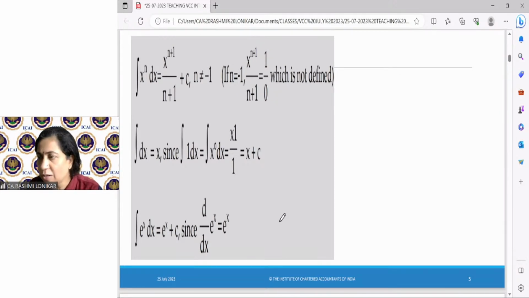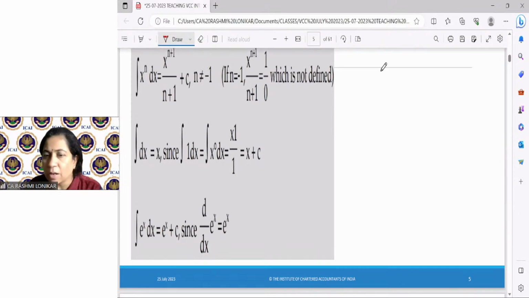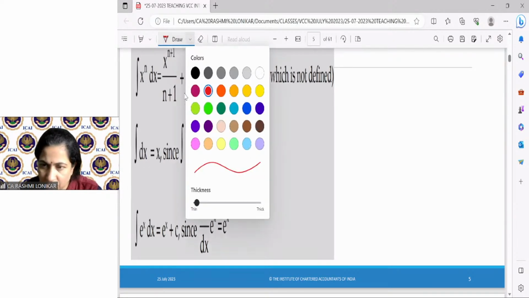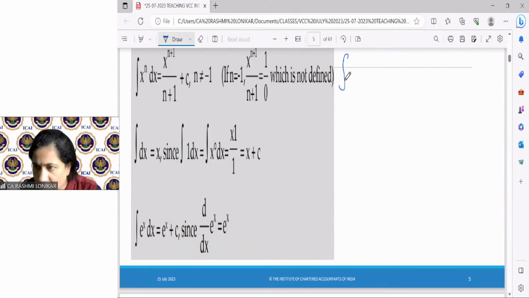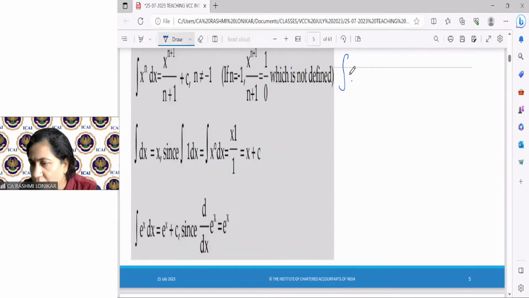Okay. So now let us move to the formula for integration. What is the sign of integration? It is an elongated S sign. Quite a few of you have already done this in your 12th, but it is good to practice, isn't it? Integration of x raised to n dx is equal to x raised to n plus 1 upon n plus 1, plus c.